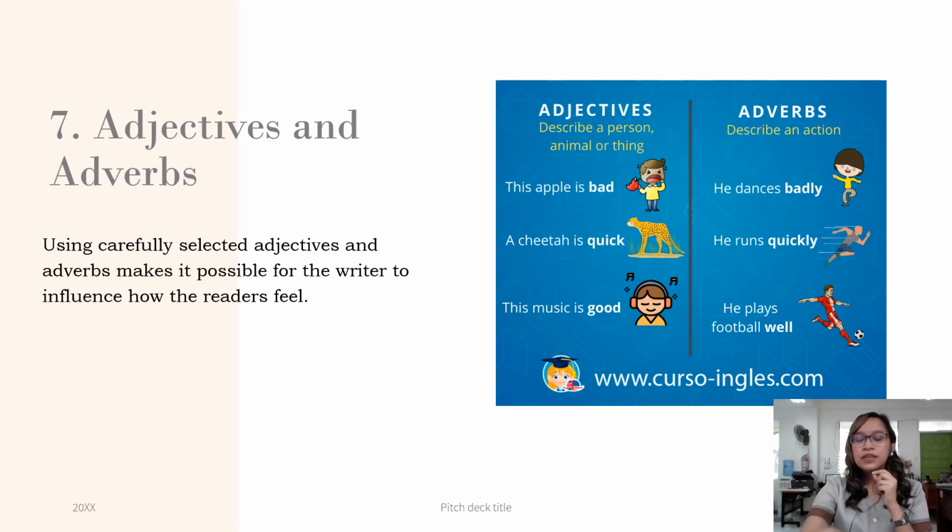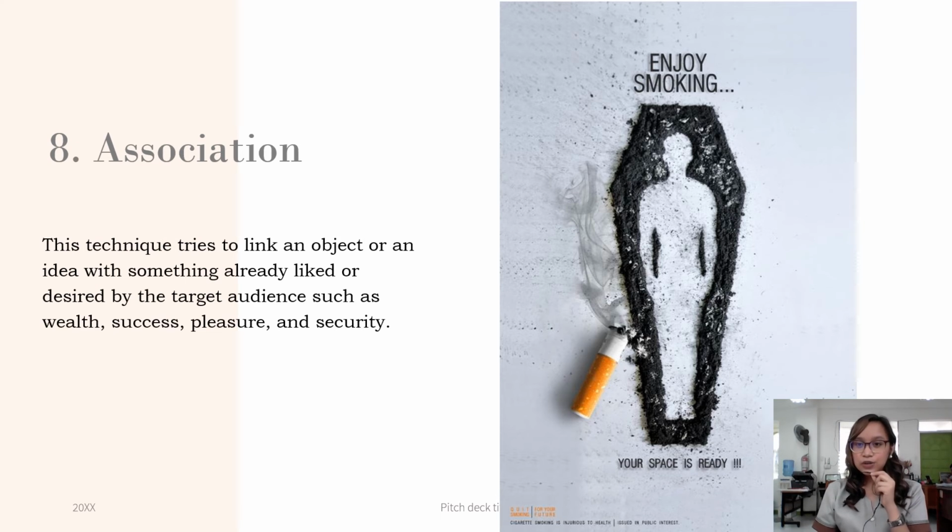So that's it. We're down to the last two. Number 8 is called association. So when we say association, it's linking an object or an idea with something already liked or desired.